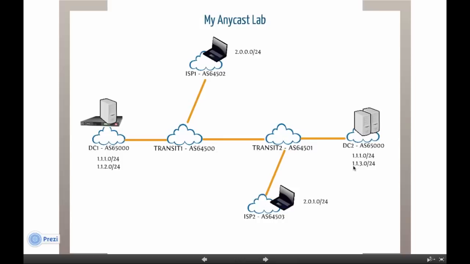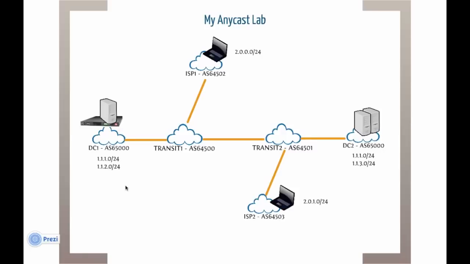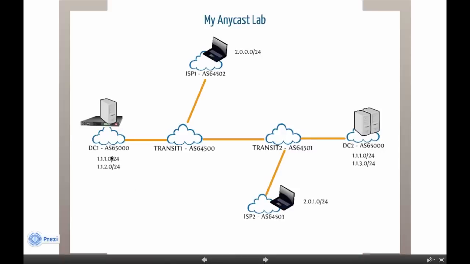Now, the beauty of being able to advertise these unique unicast addresses is that if you wanted to talk to a specific server in data center 2, I still can. I just need to be able to talk to its unicast address. Now, one of the interesting things I want to point out is you probably don't source any traffic from this Anycast address.